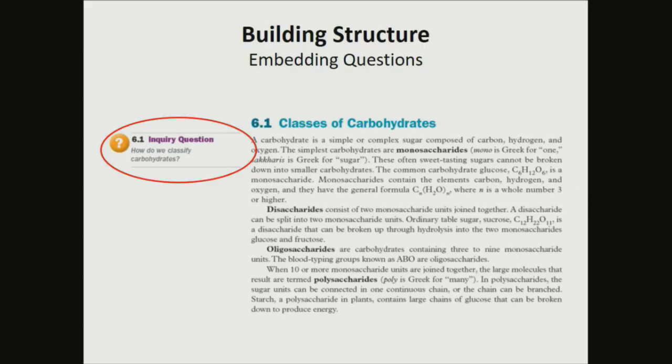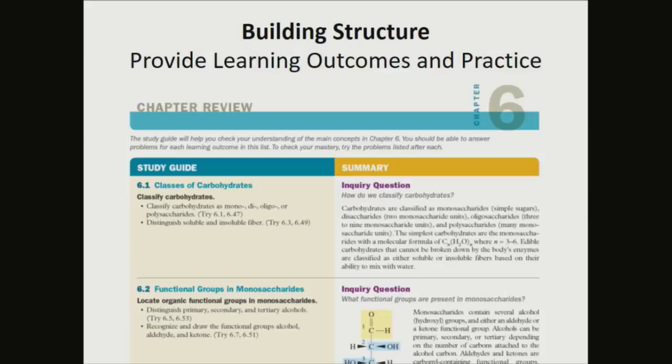And at the end of the chapters, I have the learning outcomes clearly outlined for the students, as well as a couple of problems to try, which we'll talk about a little later. And it's right next to this inquiry question, so they can say, these are the things I'm supposed to understand from this section, and it should be pretty evident.